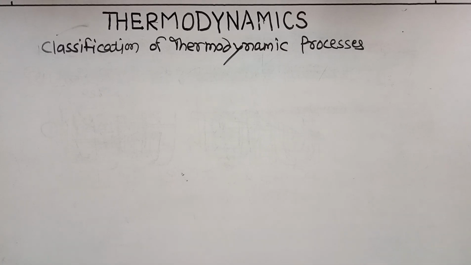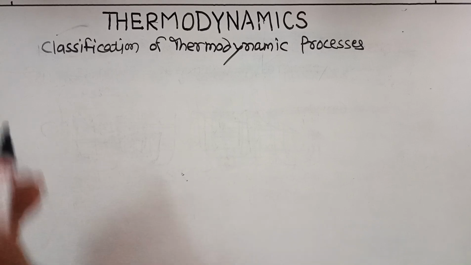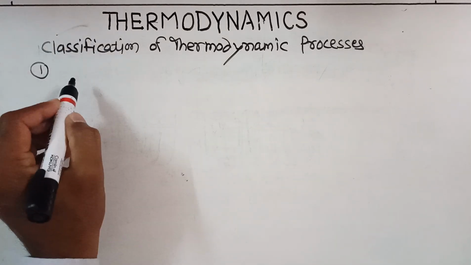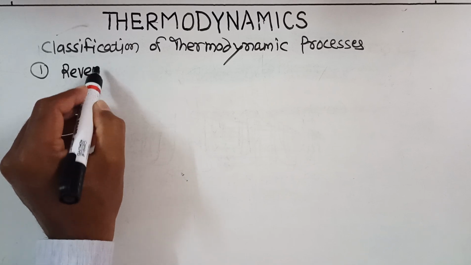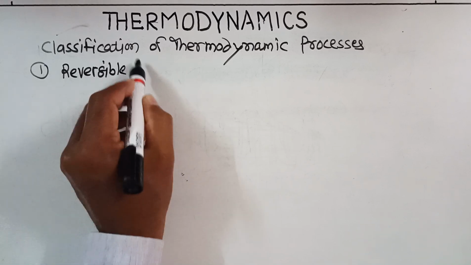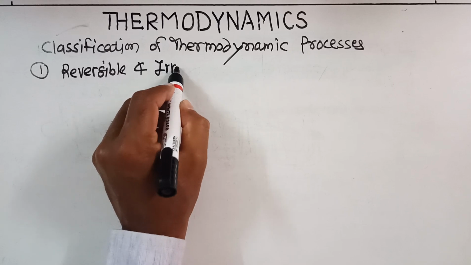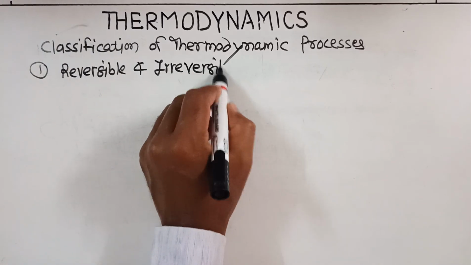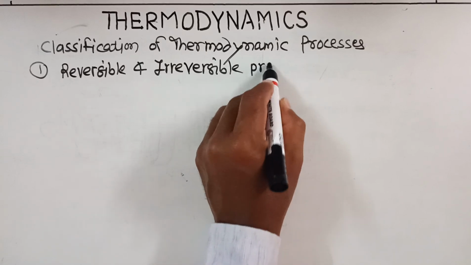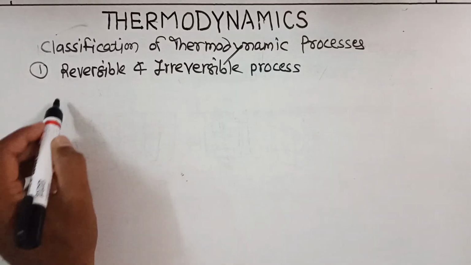The thermodynamic processes are classified in different ways. The first is the reversible and irreversible process.